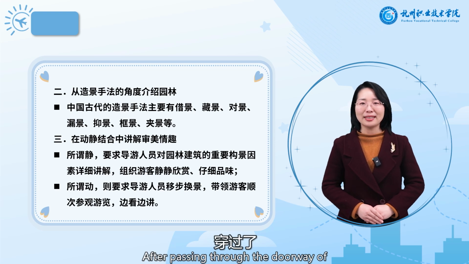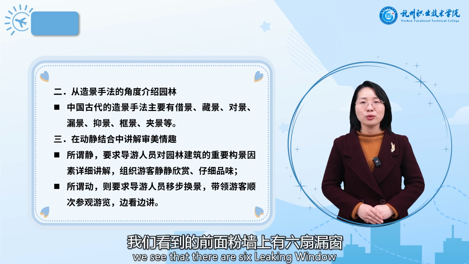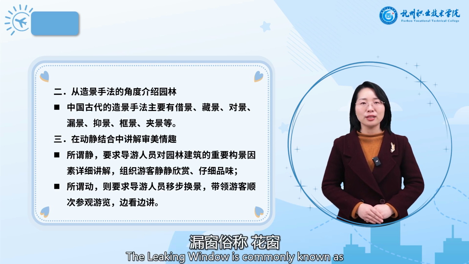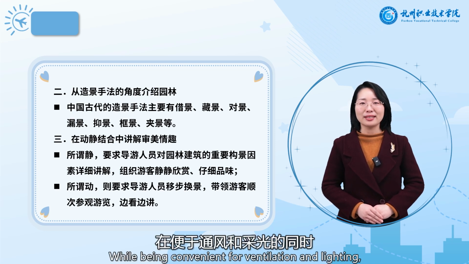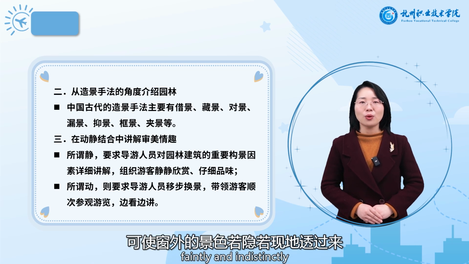After passing through the doorway of To Remain Forever in the World, we see that there are 6 leaking windows on the whitewashed wall ahead. The leaking window is commonly known as the figured windows. While being convenient for ventilation and lighting, it allows the scenery outside the window to come through faintly and indistinctly.